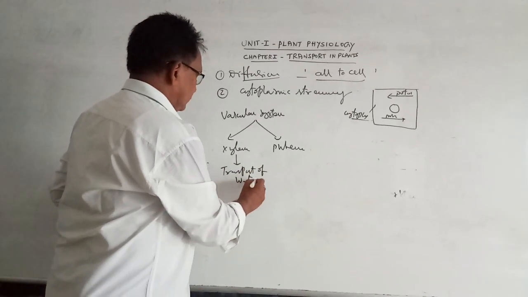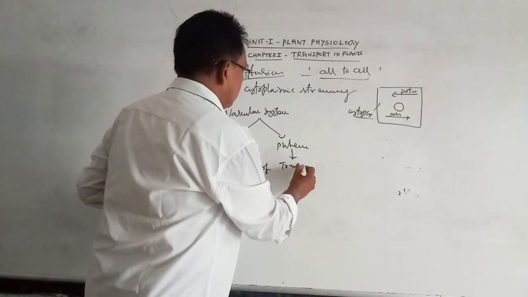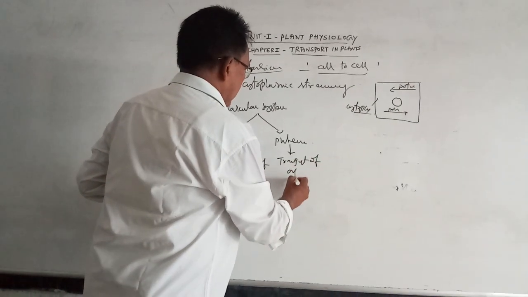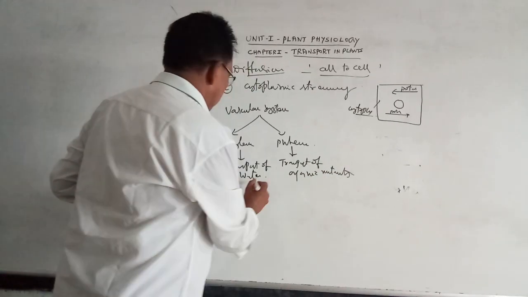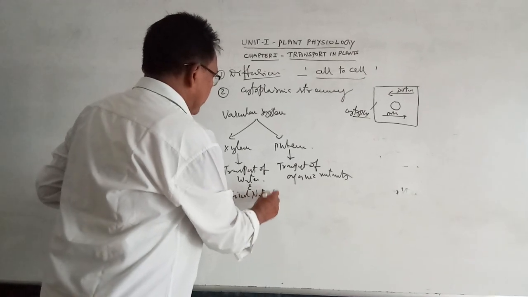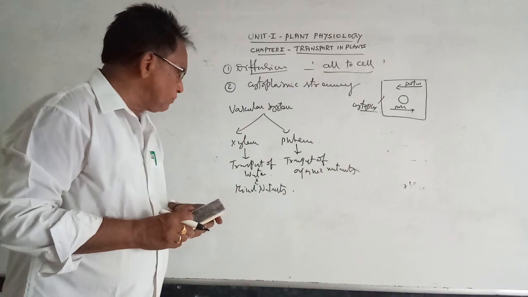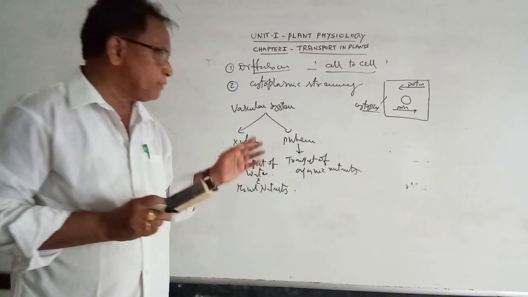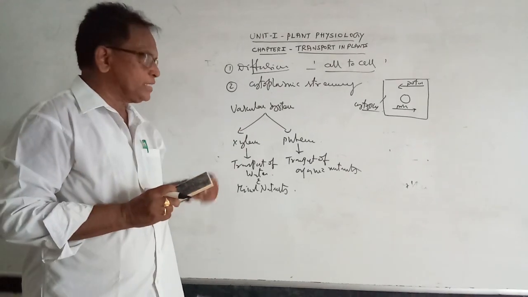Xylem is mainly meant for the transport of water and mineral nutrients from the soil to the tip of the plant, that is, longer distance.